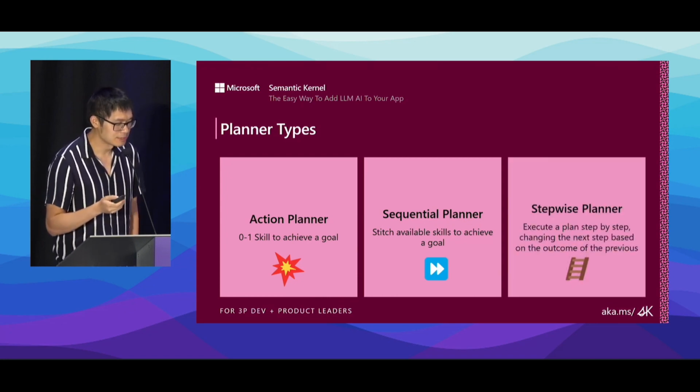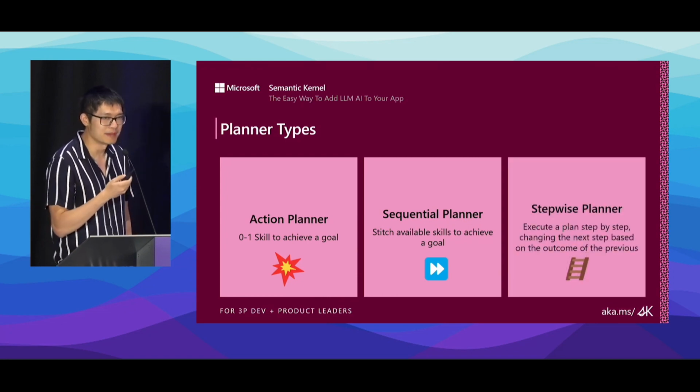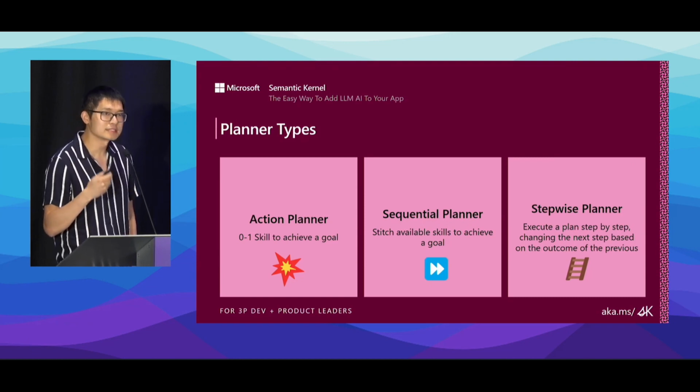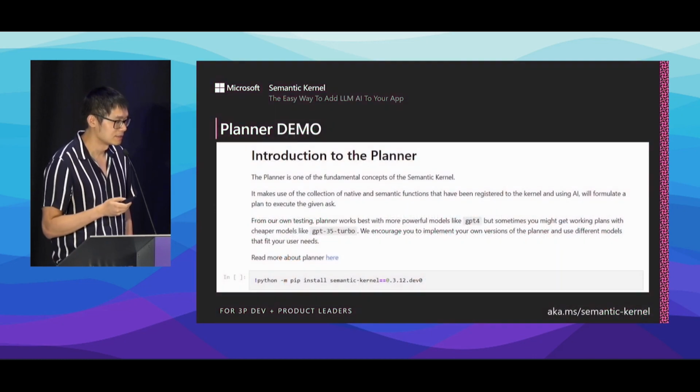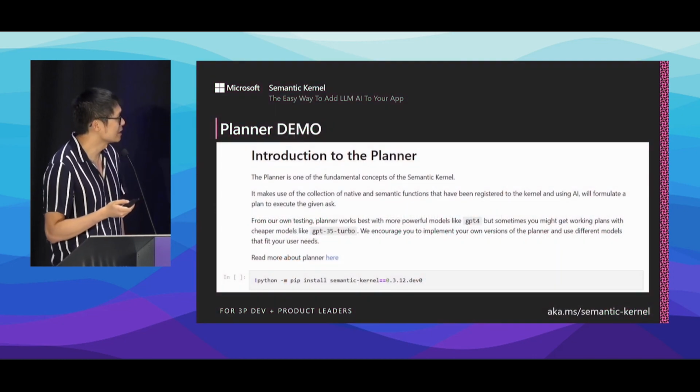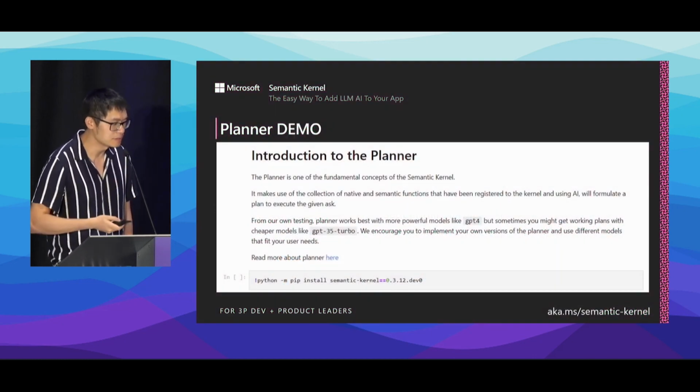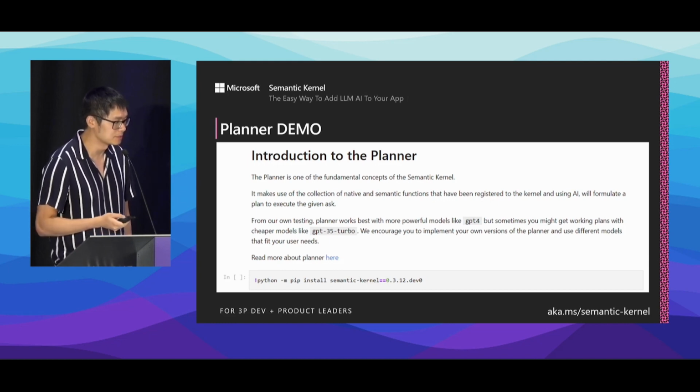This last one, which is probably even more magical and sometimes more concerning, is a stepwise planner that can reflect on itself, make observations, take action, and even correct itself if it's made mistakes. So let's just talk through a demo. This is the notebook that we have on our GitHub repo, so I'll just walk through it.